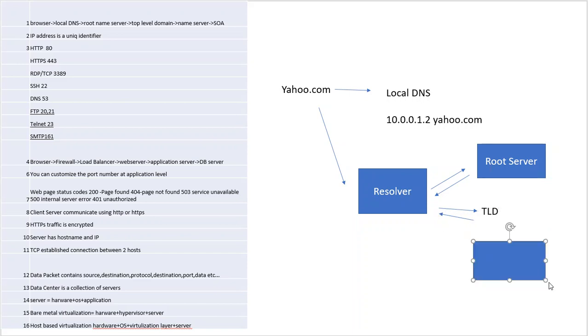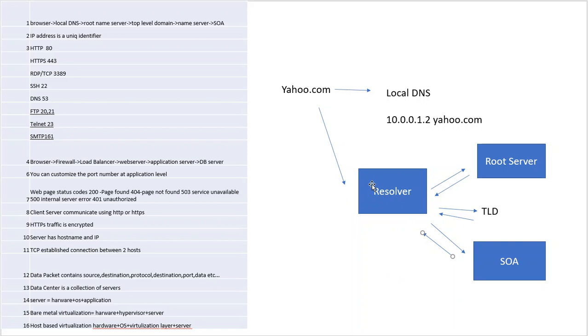This is also called start of authority. It will tell you that server, and the resolver can go there and fetch the IP address. Once it has fetched the IP address, it can show you the yahoo.com website.